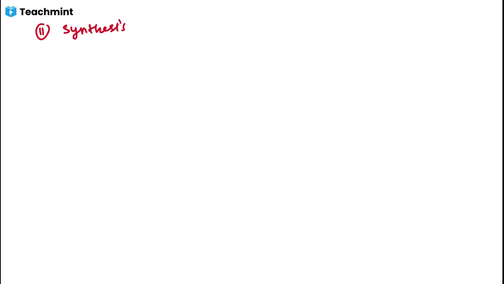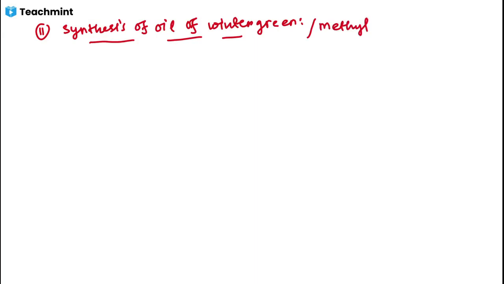The IUPAC name is methyl salicylate. It is used for perfumery.